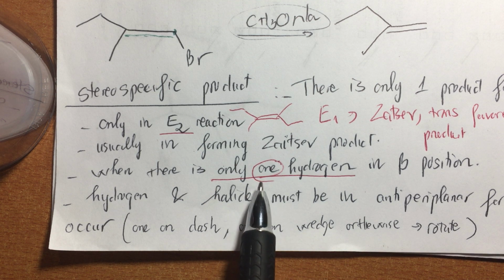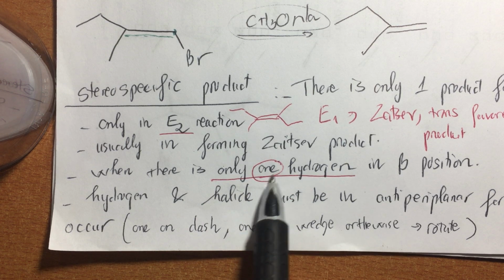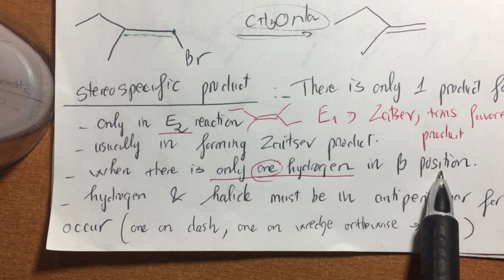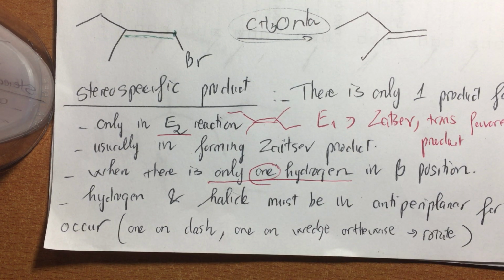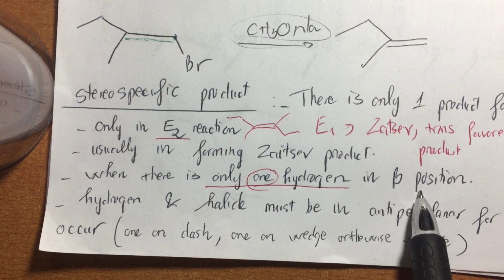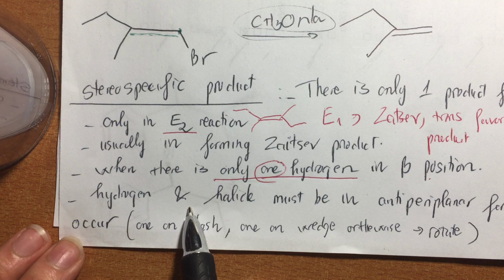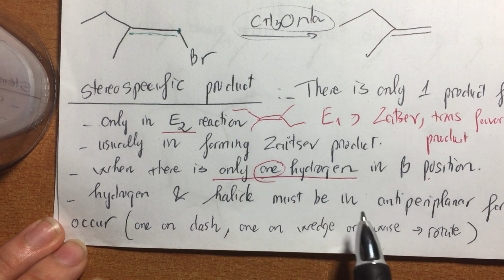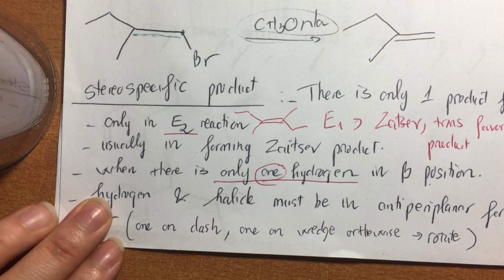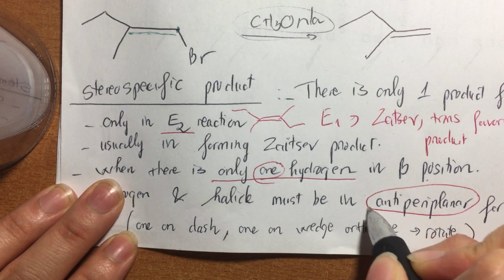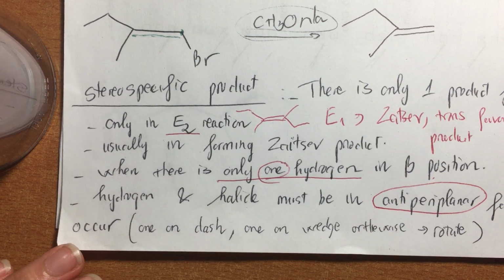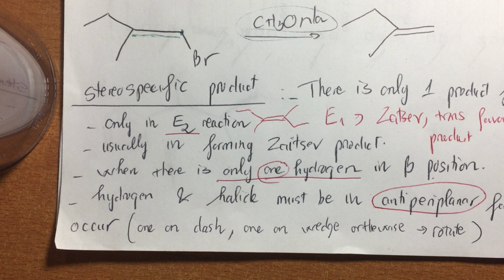Not only that, this hydrogen and the halide must be in the anti-periplanar configuration for the reaction to occur.